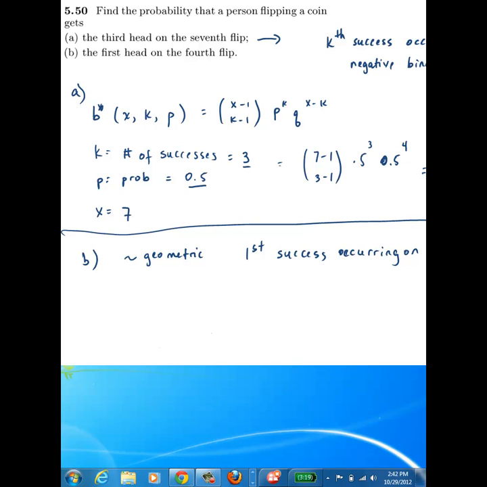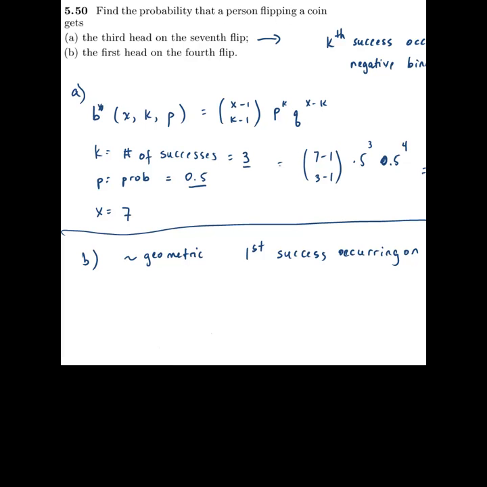The problem is telling you how many successes, giving you a specific number. In this case, it's 3, but you want to achieve those 3 successes in 7 trials. That's the type of problem that we're trying to solve.